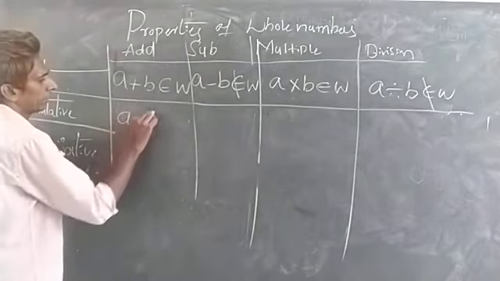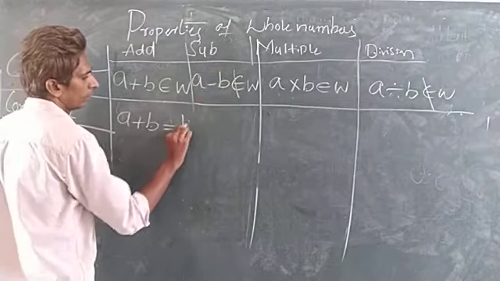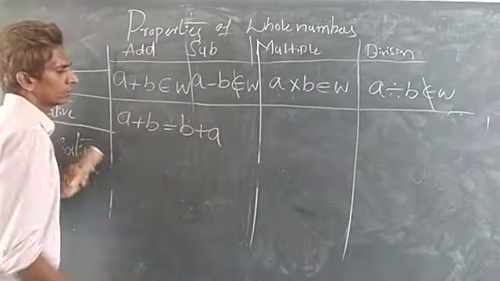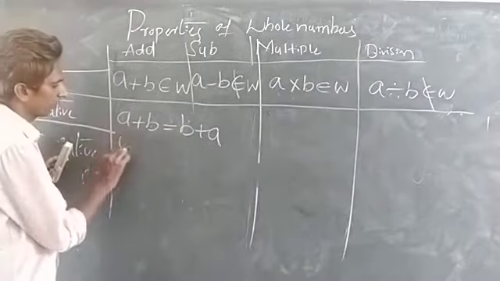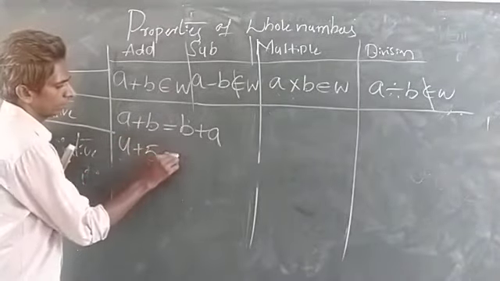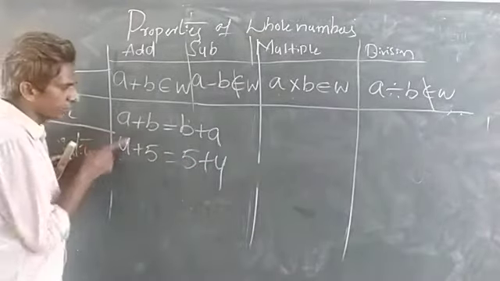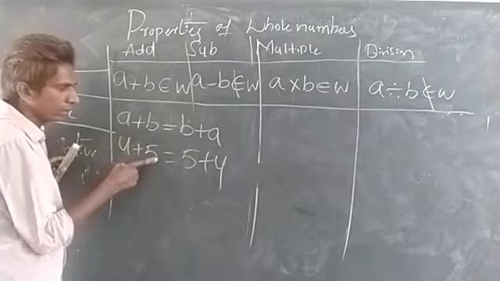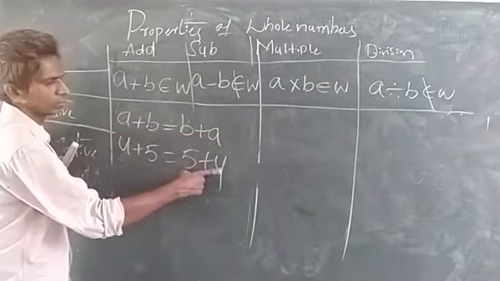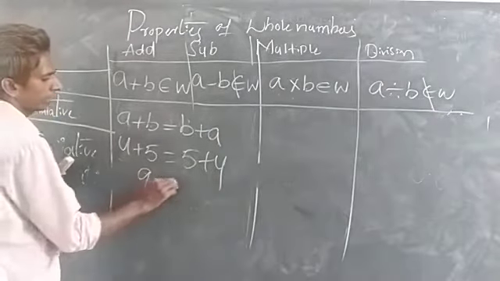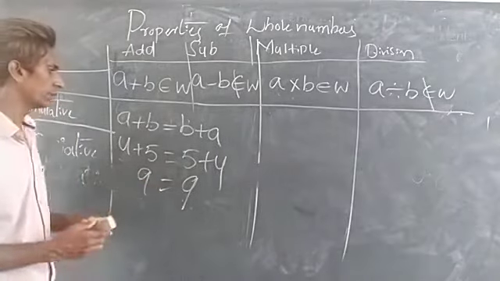A plus B is equal to B plus A. This is the condition you want to satisfy. Let us take one example. 4 plus 5 is equal to 5 plus 4. I am taking A as 4, B as 5. Here also B as 5, A as 4. Do the addition: 9 is equal to 9. These two are equal, yes, it is equal.